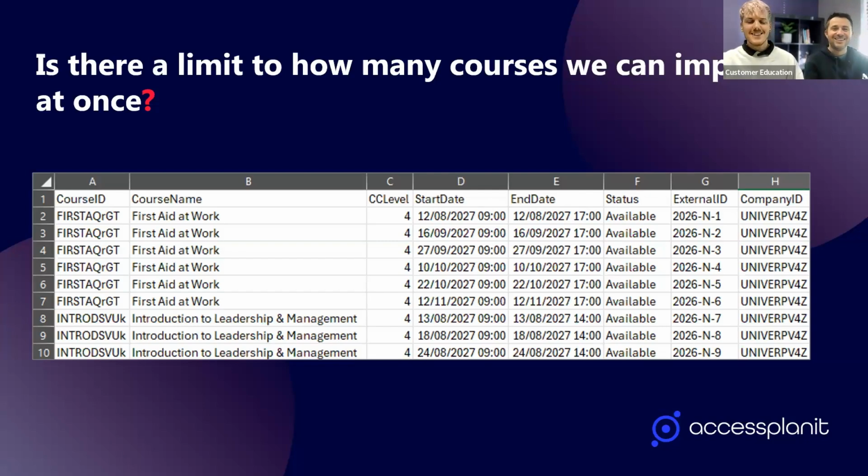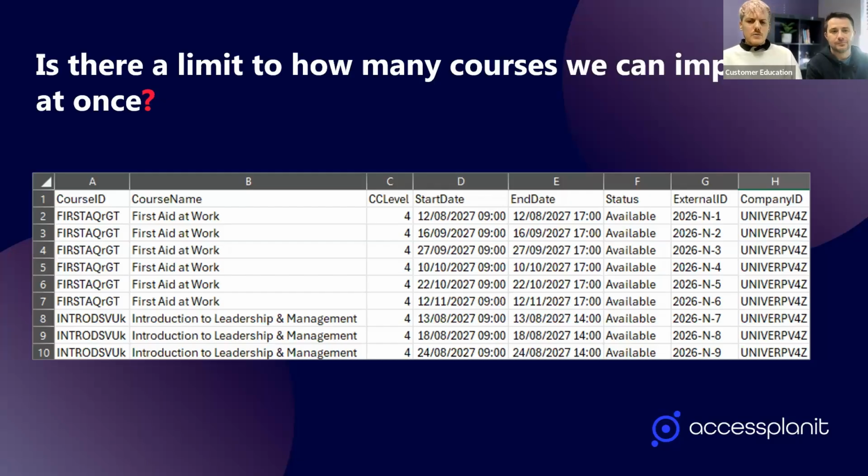Is there a limit to how many courses we can import at once? Yeah, our recommendation is ideally no more than about 10,000 rows per file. Technically, you can go up to a max of 50,000 per file, but this should be run out of business hours.